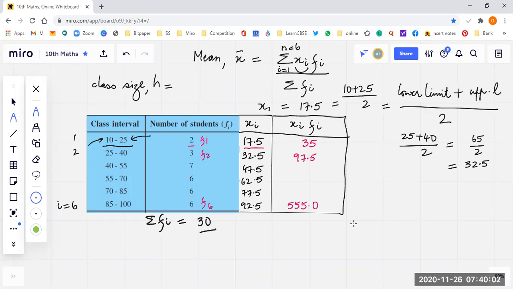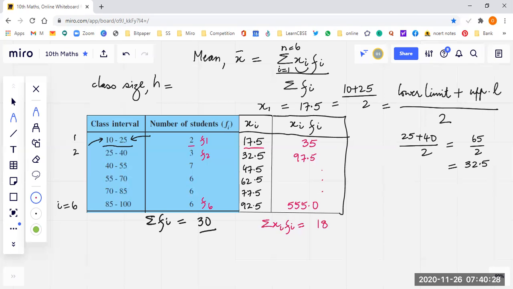So you add all this, and after that, students, when you do the summation of xi fi, what does that mean? It means x1 f1 plus x2 f2 plus and so on up to x6 f6. Again I'm copying, it will come out to be 1860.